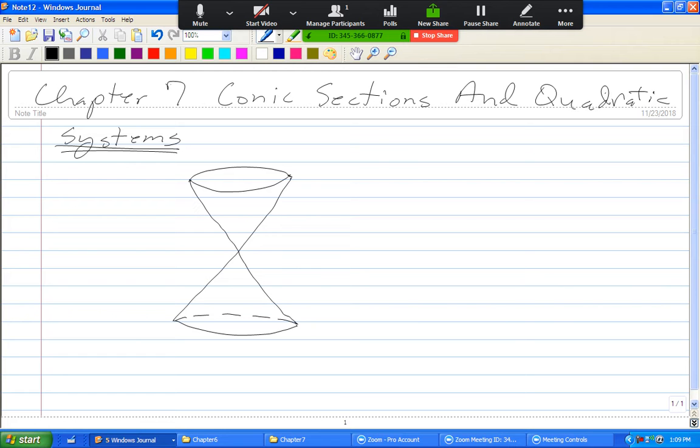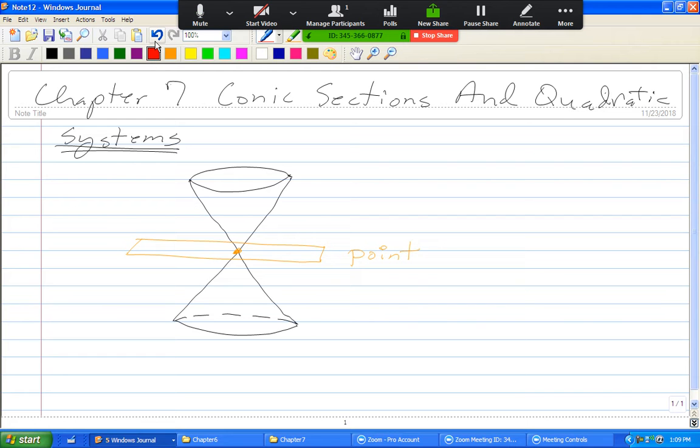Now, if I slice straight on this way with some plane, some blade in the plane, then this point of intersection here will be a point.